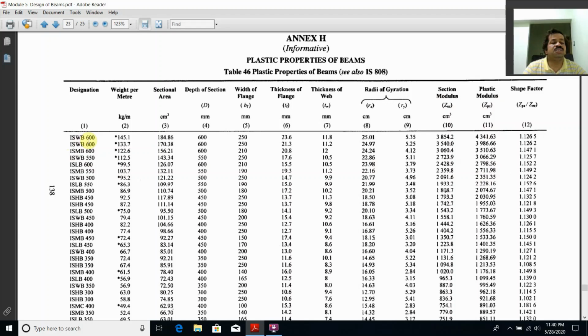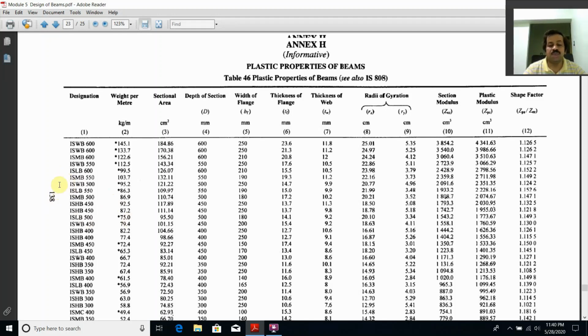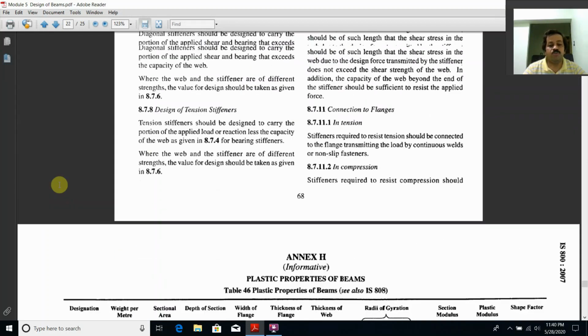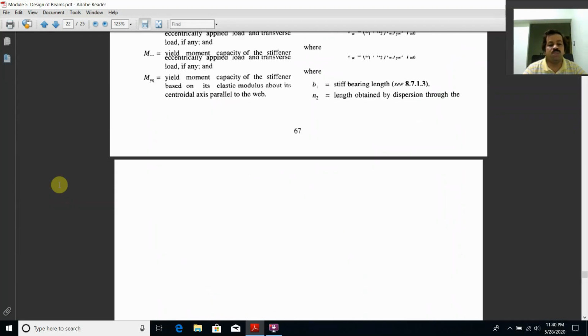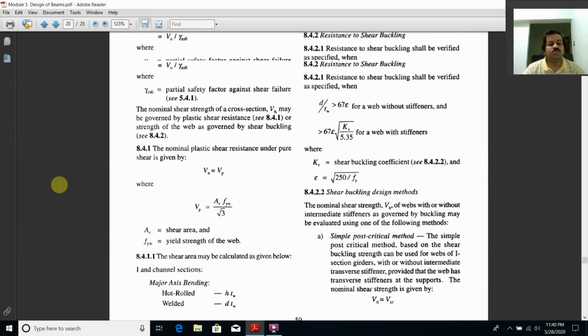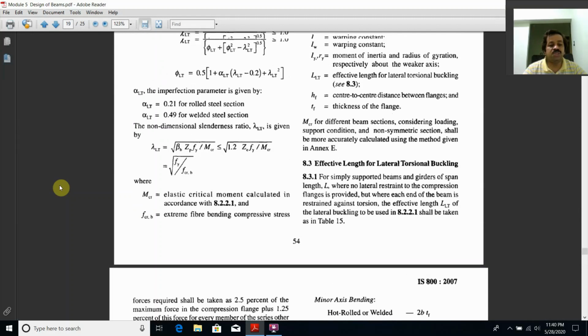So usually we have various kinds of sections. They are called ISWB, Indian Standard Wide Beam, ISLB, Indian Standard Light Beam, Indian Standard Medium Beam, Indian Standard Heavy Beam. So for practical application, always choose preferably an ISMB section only in the problem. So hence, referring to page numbers 138 and 139, provide a suitable section.